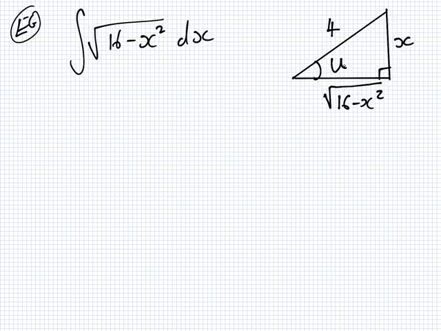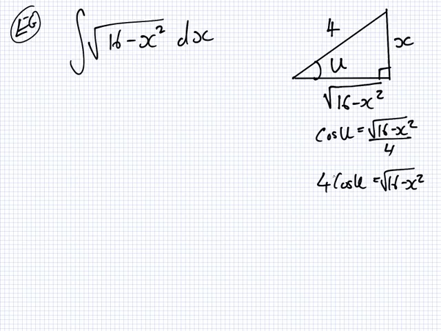So this triangle is a way to help us pick the best substitution. In fact, the best substitution here, we can say is cos u equals root 16 minus x squared over 4. So 4 cos u equals root 16 minus x squared. And this is the substitution I would use.